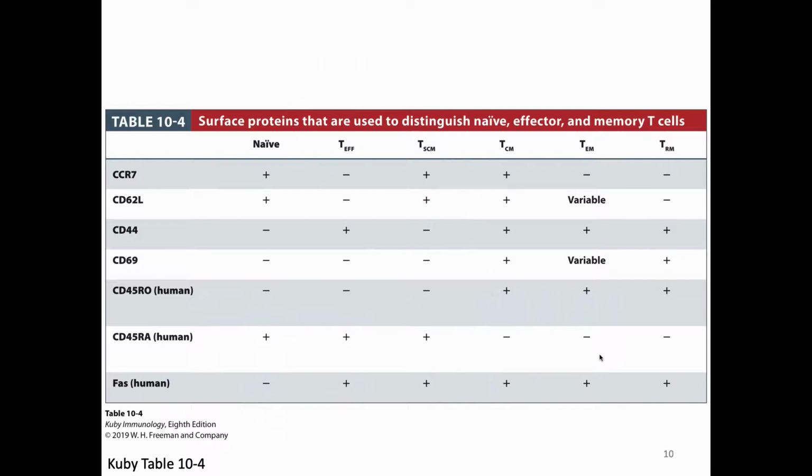Yeah. So we might look at a plot of CCR7 versus CD45RA. And we would say the cells that have CD45RA and CCR7 are naive. And we would say that the cells that have CD45RA and no CCR7 are effector.